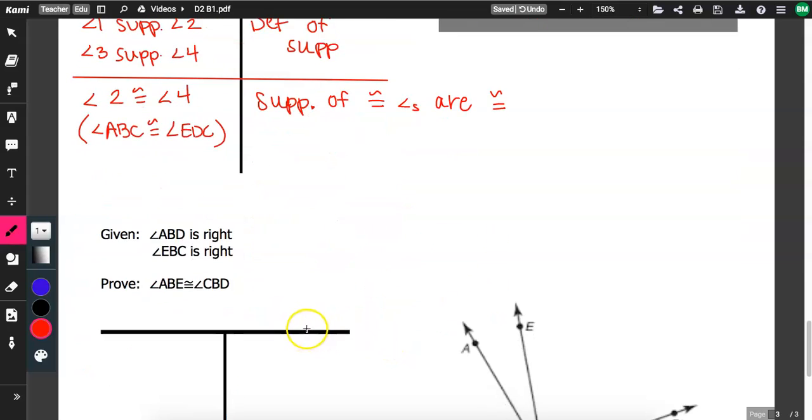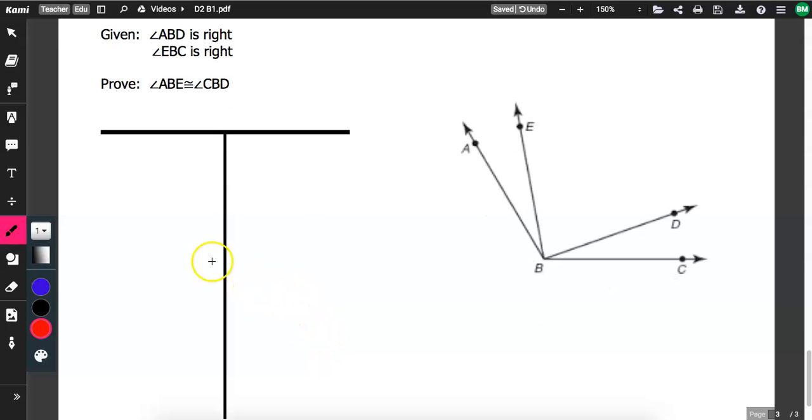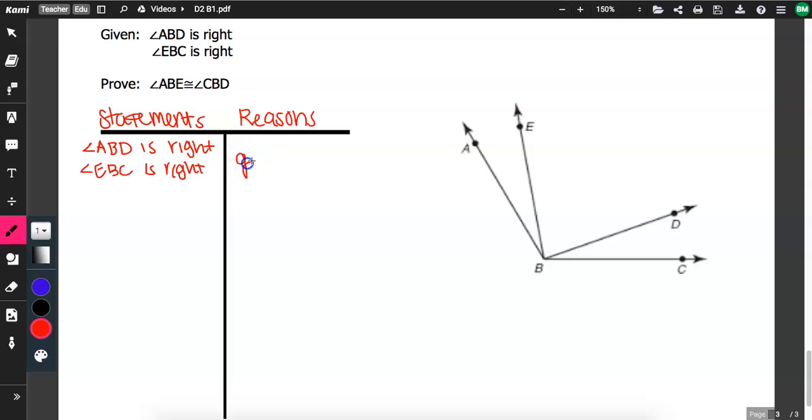Let's try one more together. Since we're just introducing proofs, it's a little bit tricky at first. So left side is statements. Right side is reasons. First step, always rewrite the given. ABD is right. Angle EBC is right. And that's given.